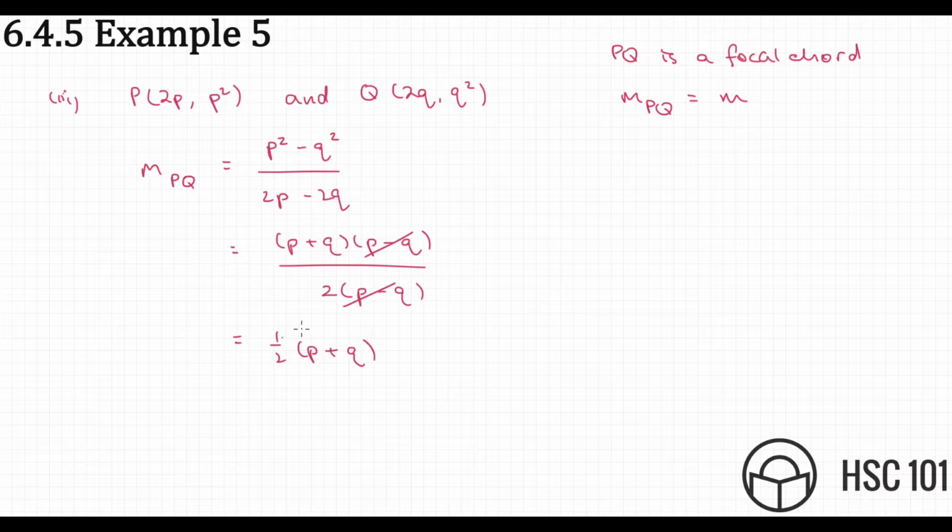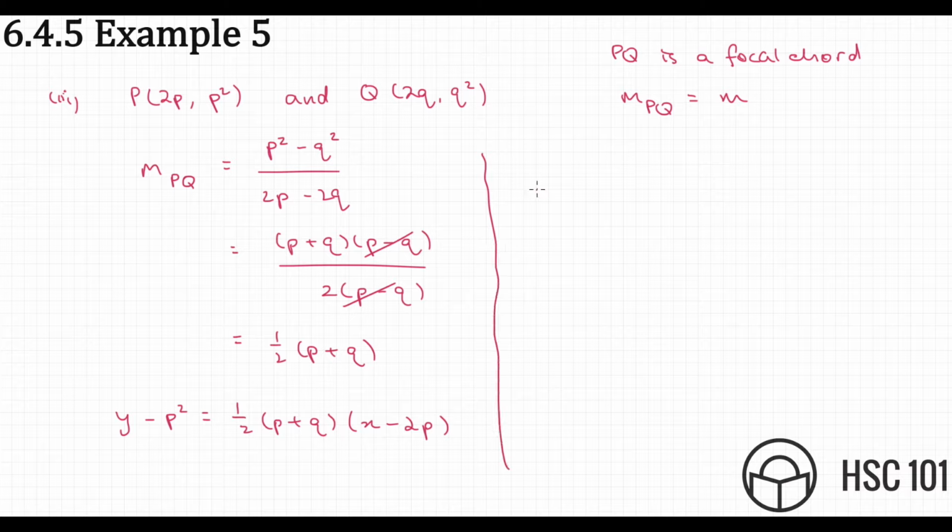If that's the gradient, then the equation of my chord is y minus y1 equals the gradient times x minus x1. Expanding, y minus p squared equals half (p plus q) lots of (x minus 2p), where the 2 cancels with the half, leaving minus p lots of (p plus q).